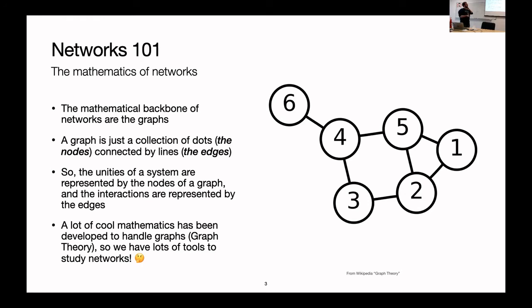So it is just a natural mapping from mathematics to more physical systems. And a lot of mathematics has been done on graphs, and a lot of algorithms have been developed for graphs, so we have lots of tools to study networks.